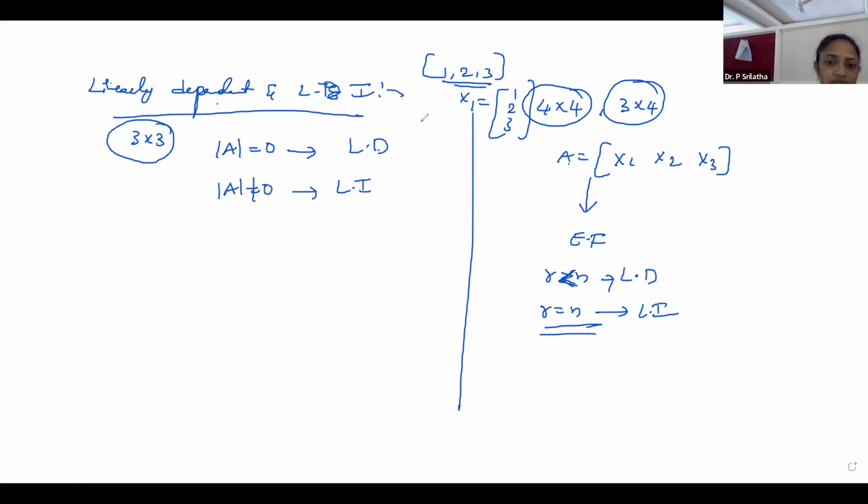So now coming to the next question. So what is our next method? Cayley-Hamilton theorem. Okay, so how to do the Cayley-Hamilton theorem? First of all, we need the statement.